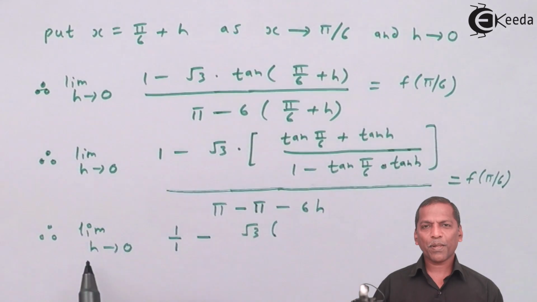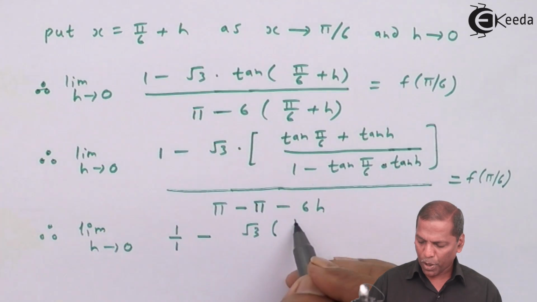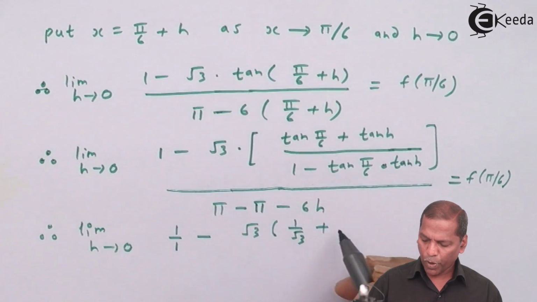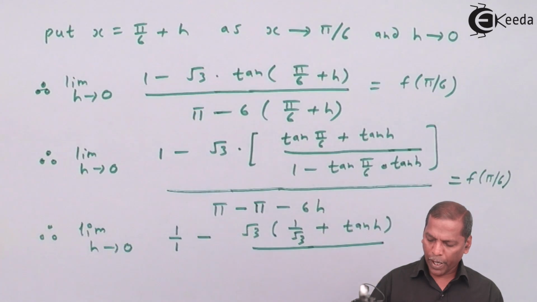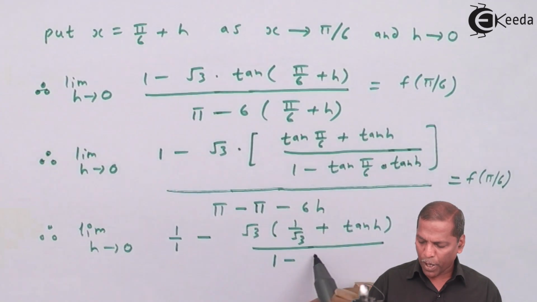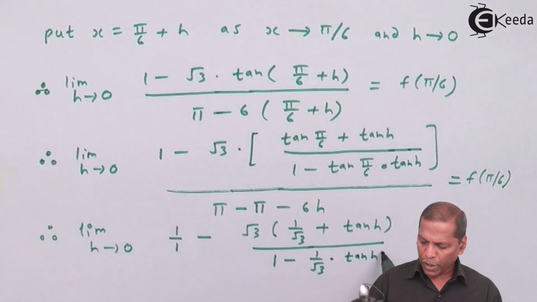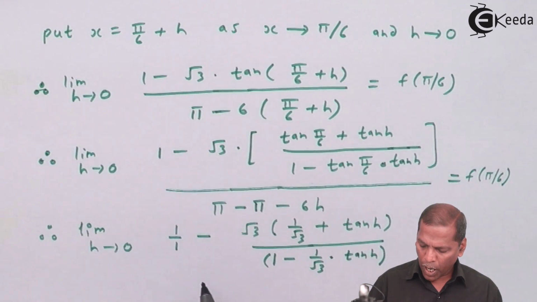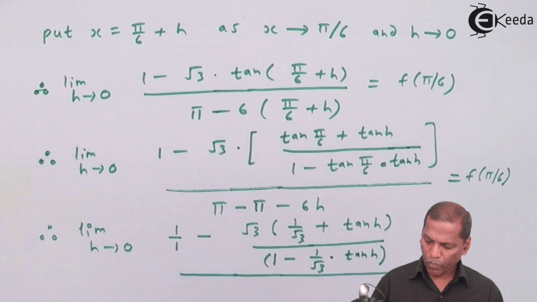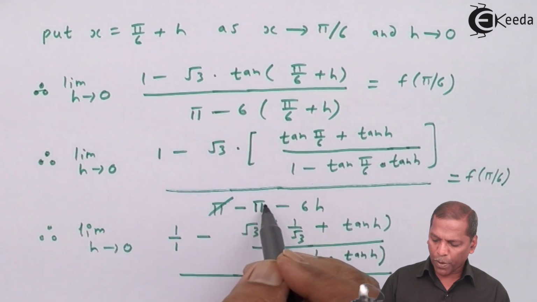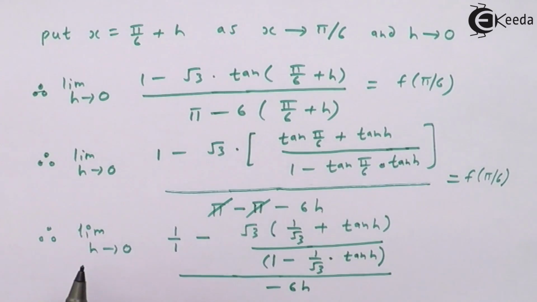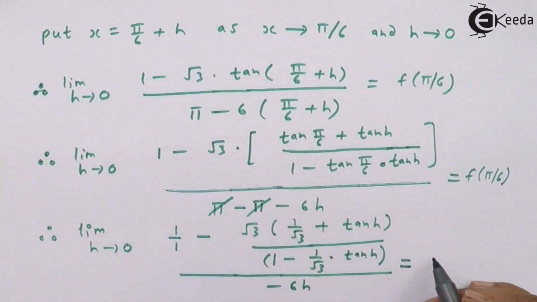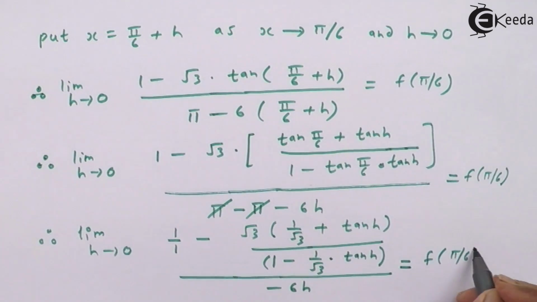Now tan pi by 6 means tan 30 degree, which gives us 1 upon root 3 plus second term tan h we write as it is, divided by 1 minus again tan pi by 6, that is 1 by root 3 into tan h, bracket complete, and then whole thing divided by, now in the denominator we cancel plus pi minus pi, so remaining term is minus 6h in the denominator, and that is equal to f of pi by 6.